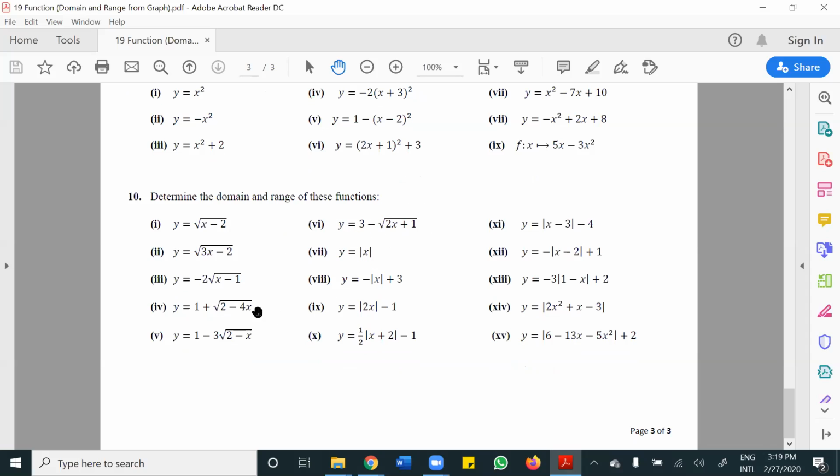Krista C, the domain of number 4. Leo, you're going to tell me the domain for number 2. Nakita, domain for number 5.